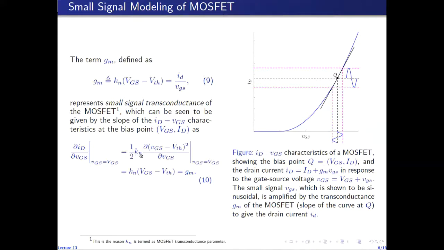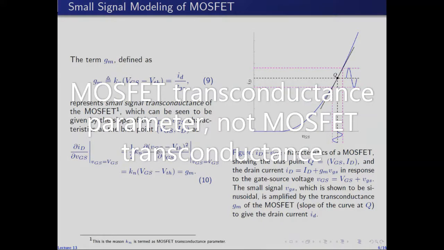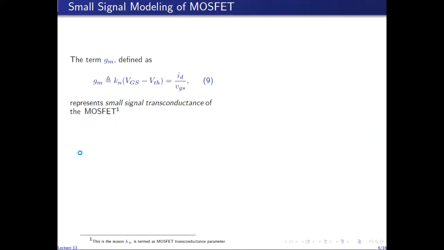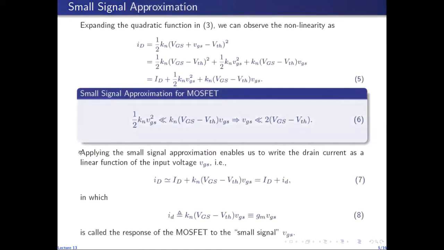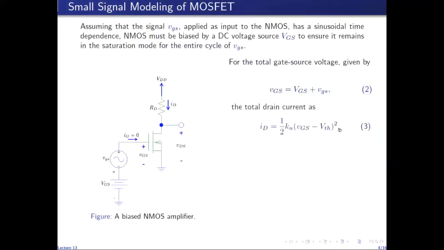which is given by half times the MOSFET transconductance parameter times the total gate to source voltage minus V threshold, whole square. If we differentiate this total drain current with respect to the total gate to source voltage at the bias point, because this is a non-linear expression, if you want to find the slope with respect to VGS, we have to find it at a particular point.